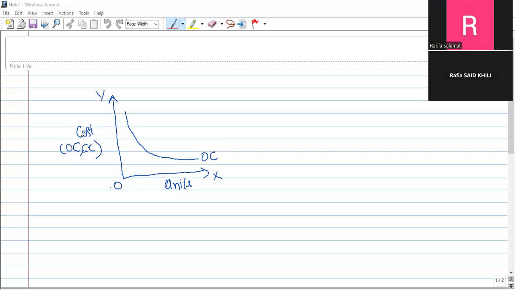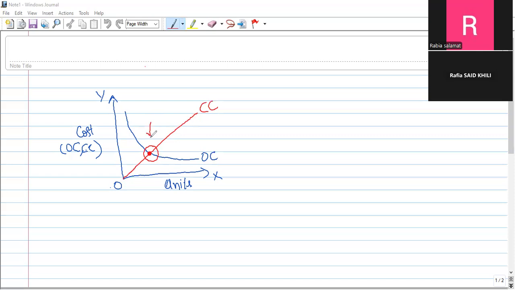Now I'm going to draw the carrying cost graph that is directly proportional. A directly proportional graph is origin upward. This is your carrying cost. You see, at one point, these two costs intersect with each other.